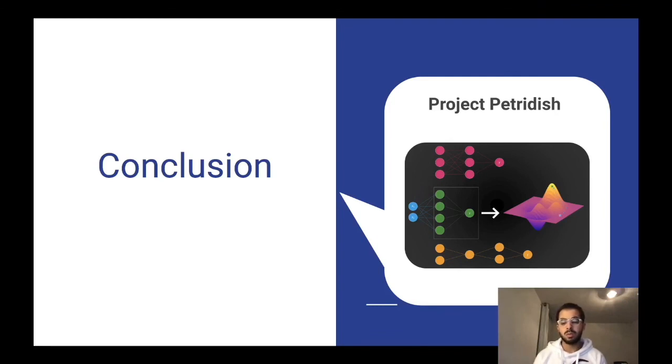And we stumbled during our research across this project, which is Project Petri Dish, a project led by Microsoft in the sphere of network architecture search, or NAS, where they try to automate creating a neural network architecture in 3 phases.